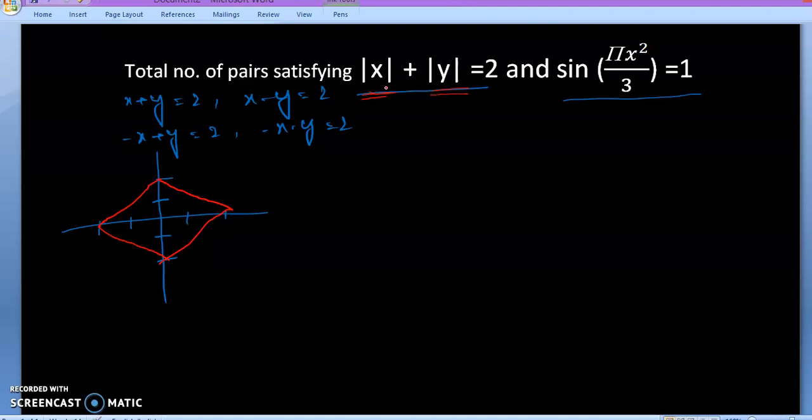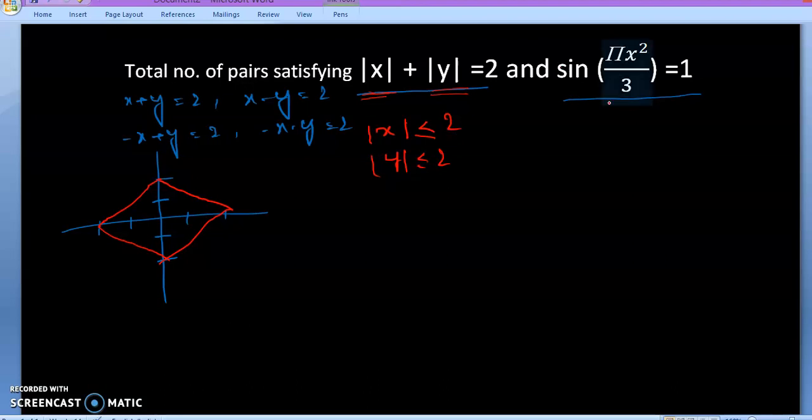Both terms are greater than or equal to 0, and the sum of these two positive numbers is 2. That means mod x is less than or equal to 2, and mod y is also less than or equal to 2. Both numbers are at most 2, so the values of x and y never exceed 2.